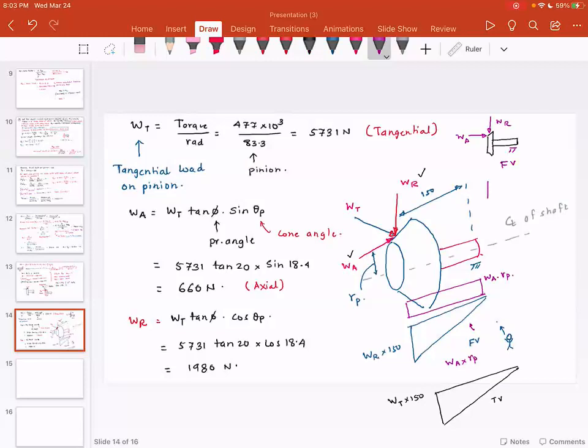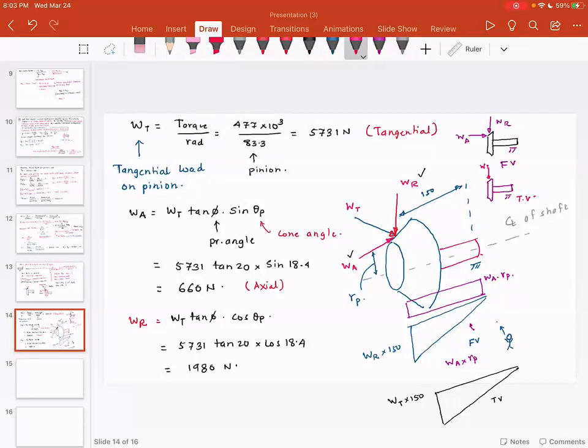And if you look in the top view, you will see WT in the top view.